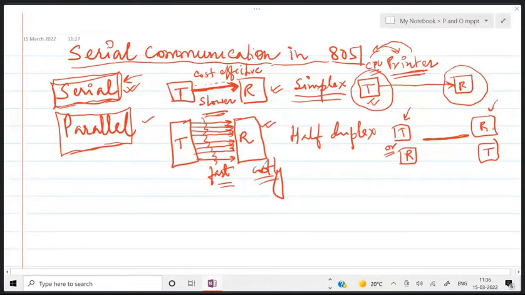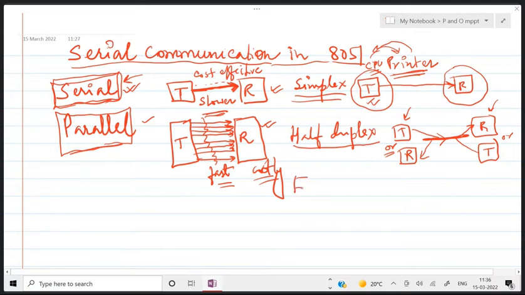Similarly, this end can act as a receiver or a transmitter, but cannot act as both simultaneously. So you can transmit data and it will be received here, or you can receive data which is transmitted from here. This is called half duplex mode of serial communication.